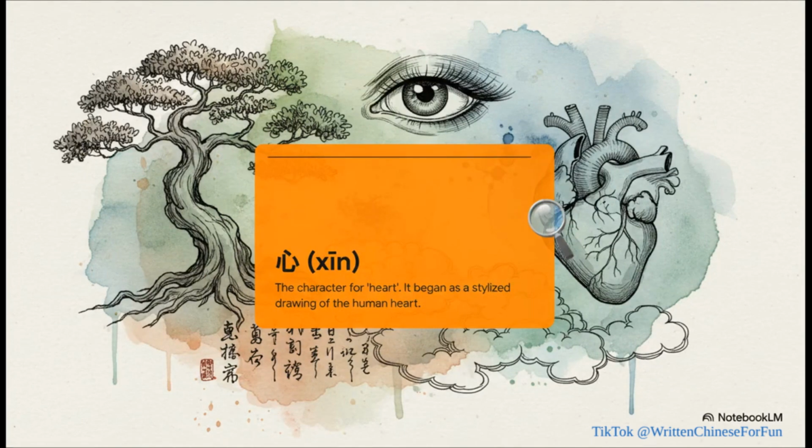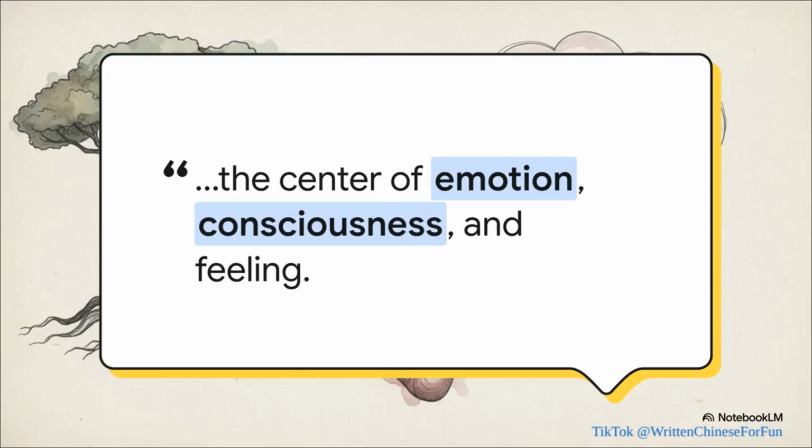And yeah, you guessed it, it started out as a literal, stylized drawing of a human heart. But what it represents is so much more than just the organ in your chest. This piece is the absolute game changer. The heart brings our entire inner world into the picture. It's what adds emotion, memory, and consciousness. It's the engine that actually processes everything our eyes are seeing.